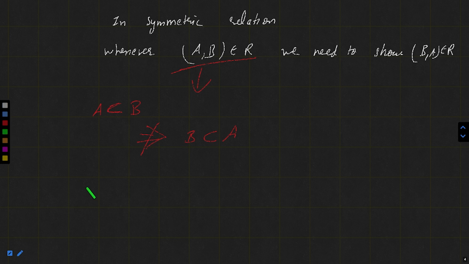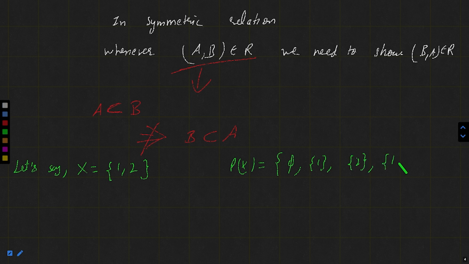For example, let's say if X is my set, say 1, 2, and as we know the Px is what? Phi, the set 1, the set 2, and the set 1 comma 2. Okay. If you take this, it is indeed a subset of this set.